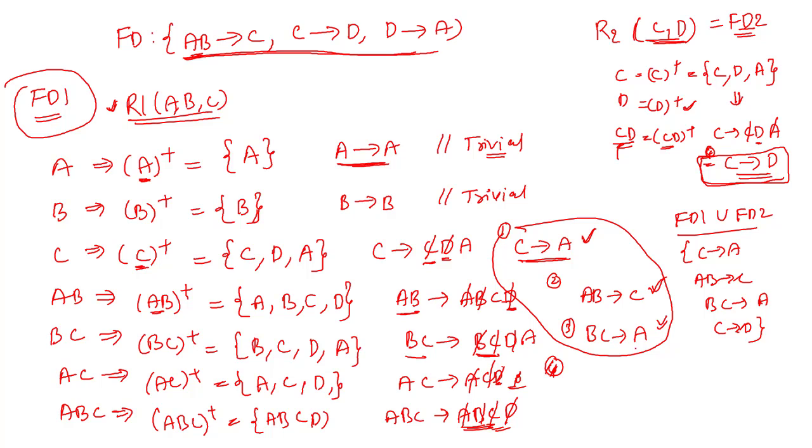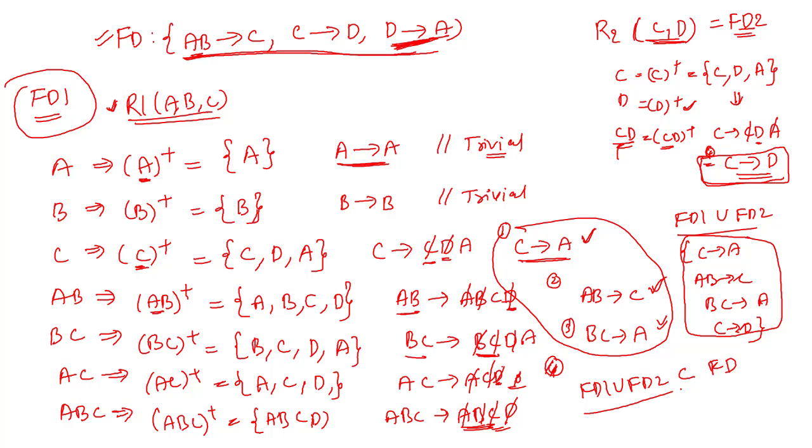implies D. If you observe in this total functional dependency, D implies A, okay? D implies A is not a part of this union set, right? So we can say FD1 union FD2 is a subset of FD.